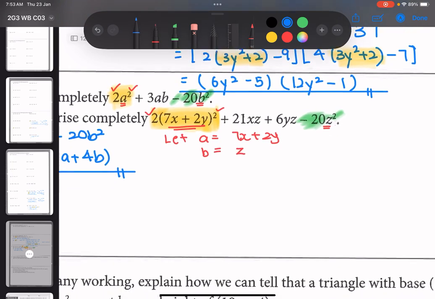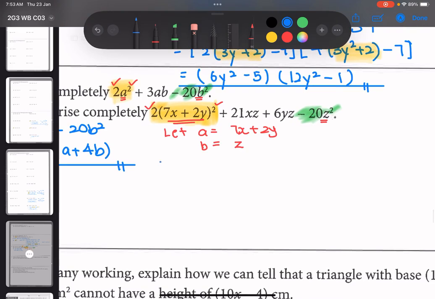The next thing to do is to show me that it really works. I start with my original expression, A square. Let me throw that in. 3AB. Must show me, my B is a Z. Minus 20 Z square.